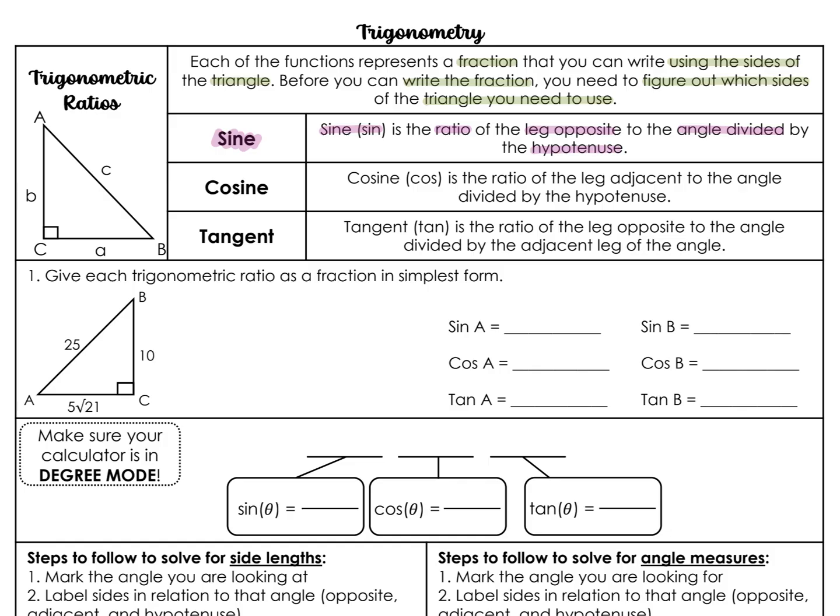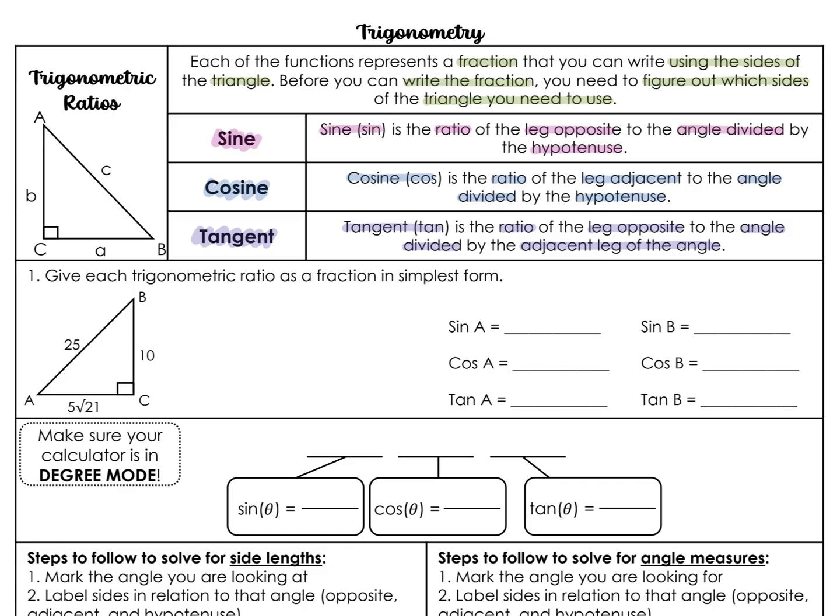Then we have our cosine, which is going to be the ratio of the leg adjacent to your angle, so next to the angle, divided by the hypotenuse. And then lastly, we have our tangent, which is going to be the ratio of the leg opposite that angle, divided by the adjacent leg to that angle.